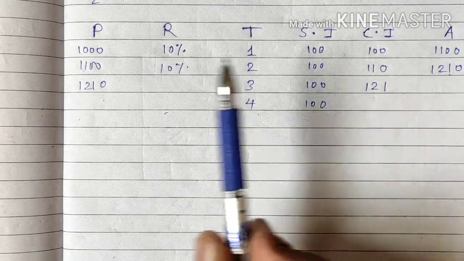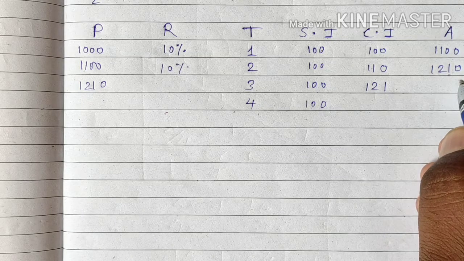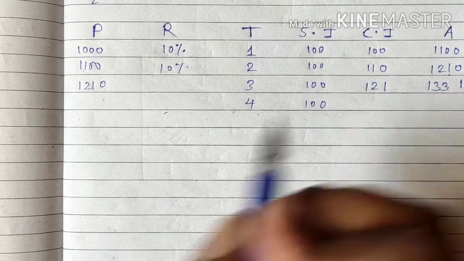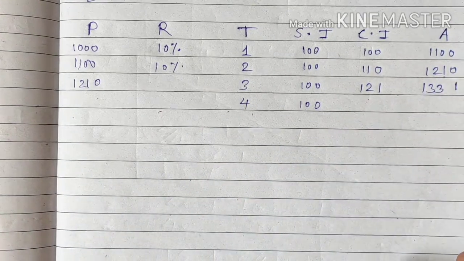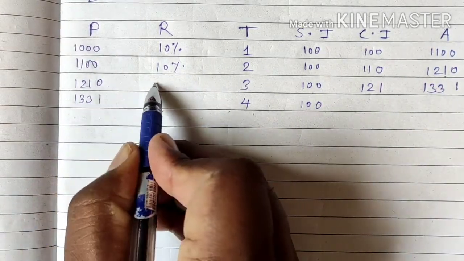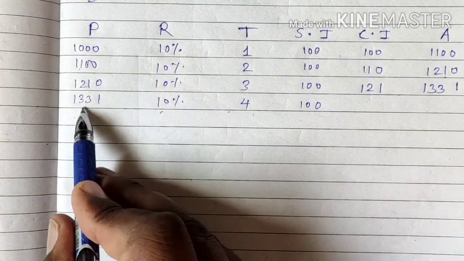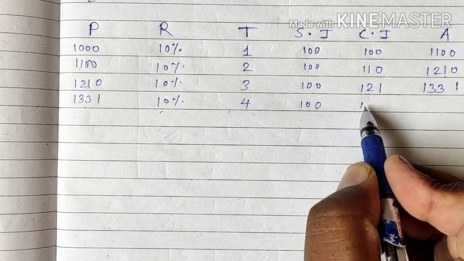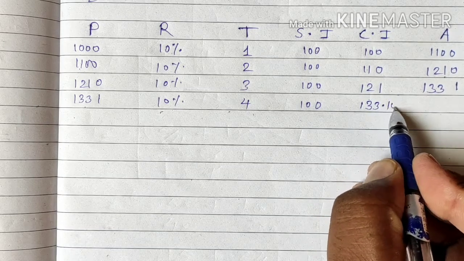Then 121 plus this will be how much? 1331. Got it? Now this amount will become the principal for the next year, 1331. Every time we are calculating 10%. So once we calculate 10% of this, it will be 133.10.